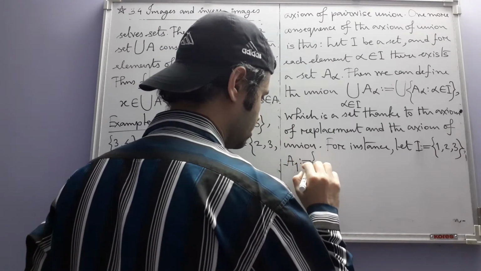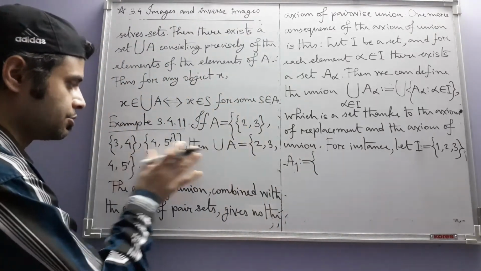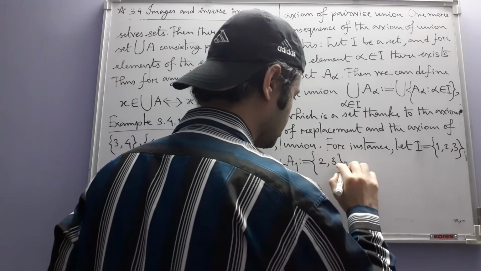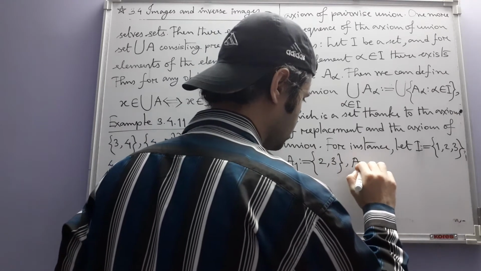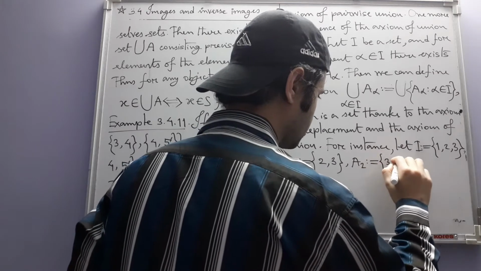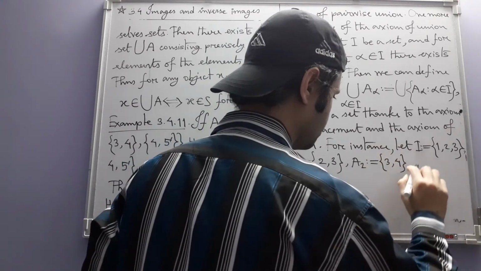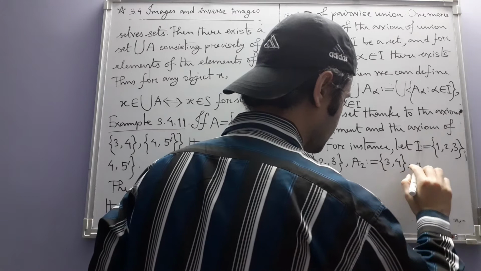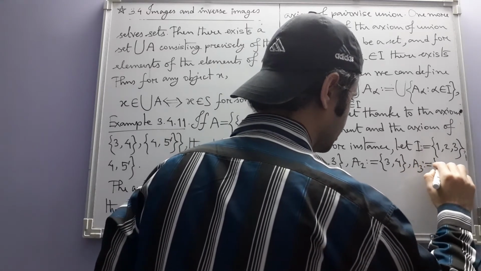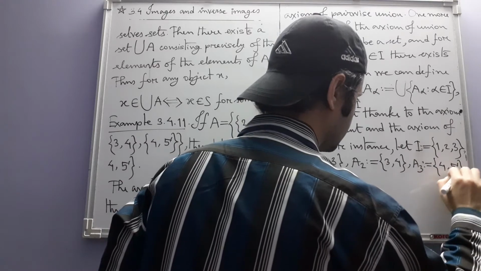Let A1 be the set 2, 3, A2 be the set 3, 4, and A3 be the set 4, 5.